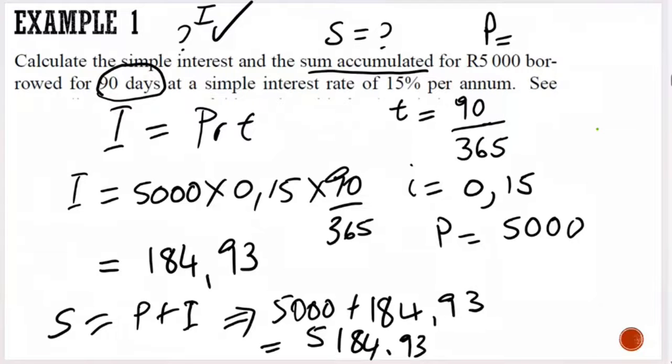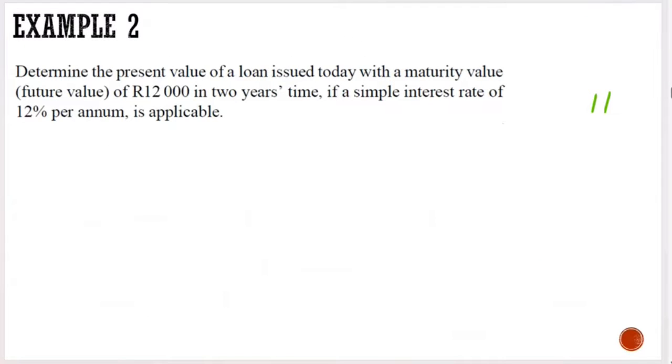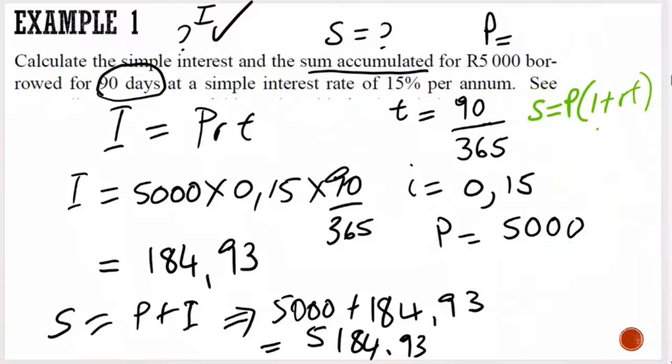What if I have decided to use the formula S is equal to P into 1 plus RT? Remember that those are the formulas that I've got access to. So is it a crime for me to use this formula? The answer is no, it is not a crime, but you are trying to be economical with your time.